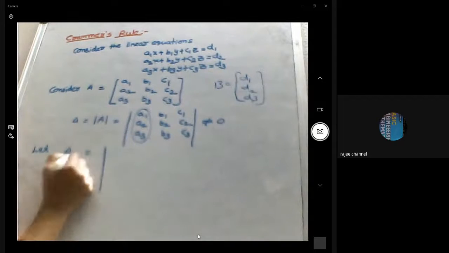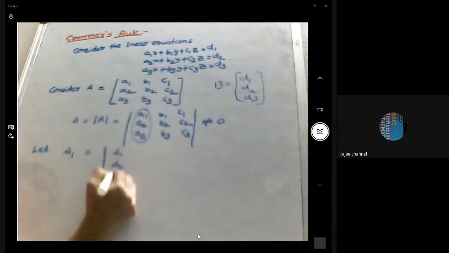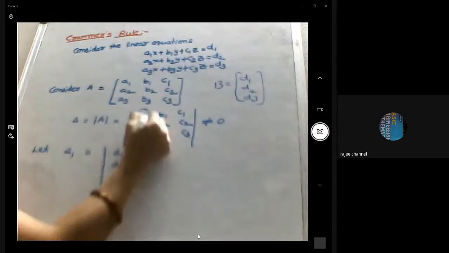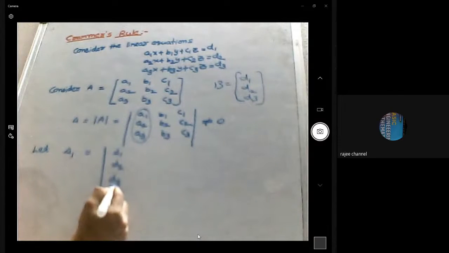Here the B matrix is the constant matrix d1, d2, d3. So the first column elements of the determinant are replaced by d1, d2, d3. Then that is called delta 1. Now we can write delta 1 as the determinant with the first column replaced by the constants d1, d2, d3.